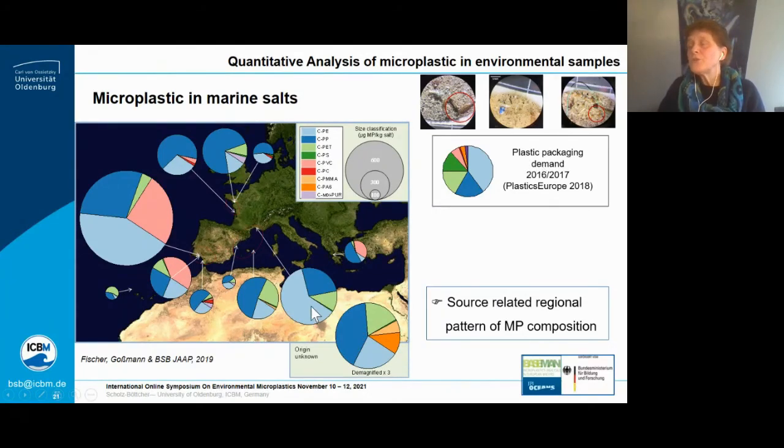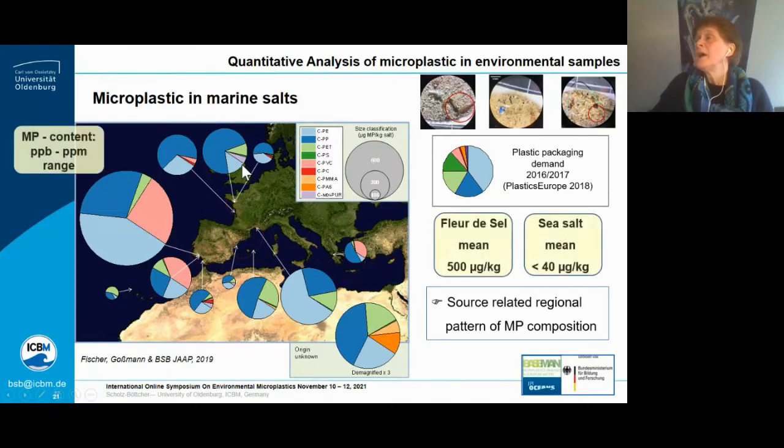But you also see differences, for example, for the Mediterranean salts and the Atlantic salts. So you can discuss this on a geospatial basis. All in all, the fleur de sel have a higher microplastic content compared to the conventional sea salts due to the harvesting process. I don't want to go into detail here.